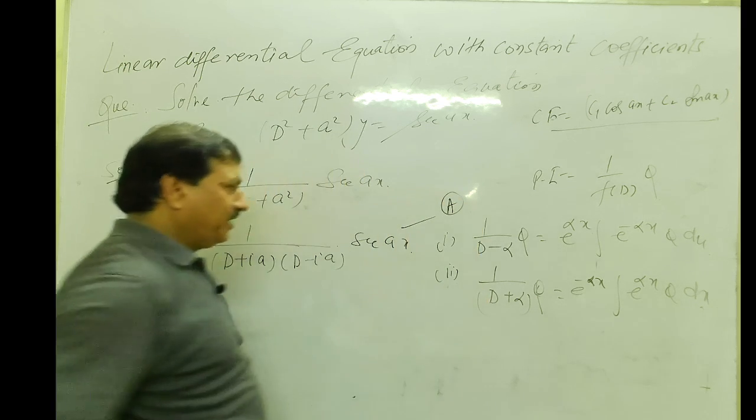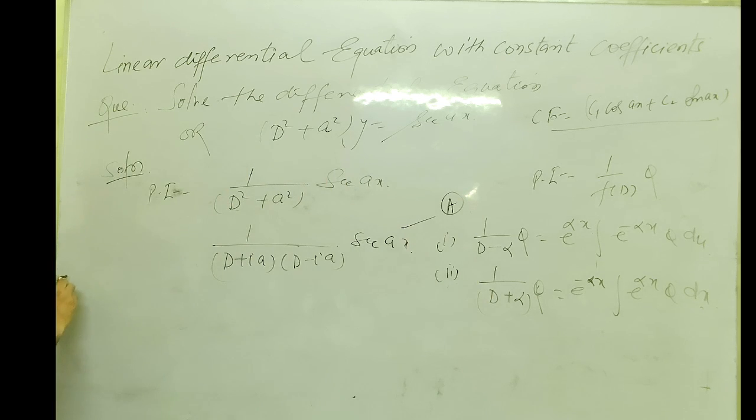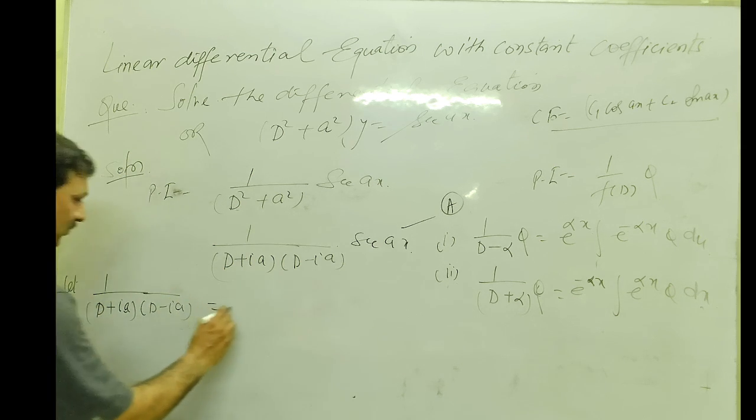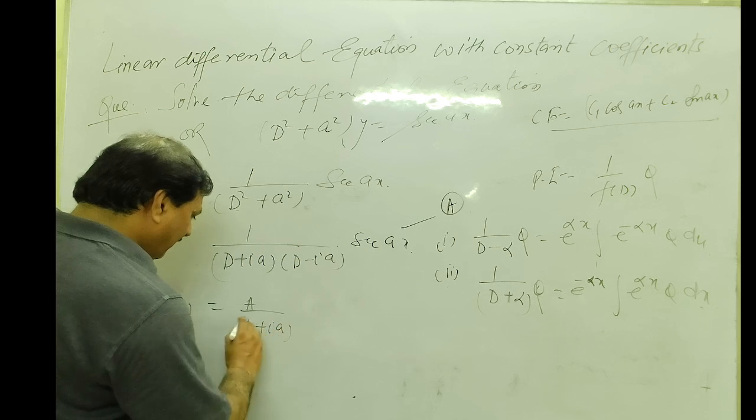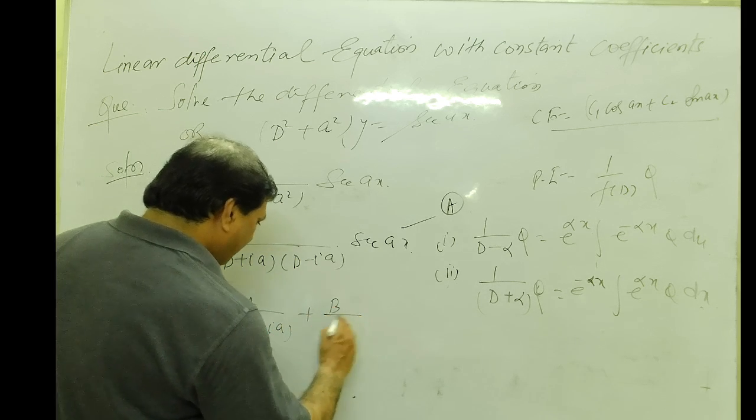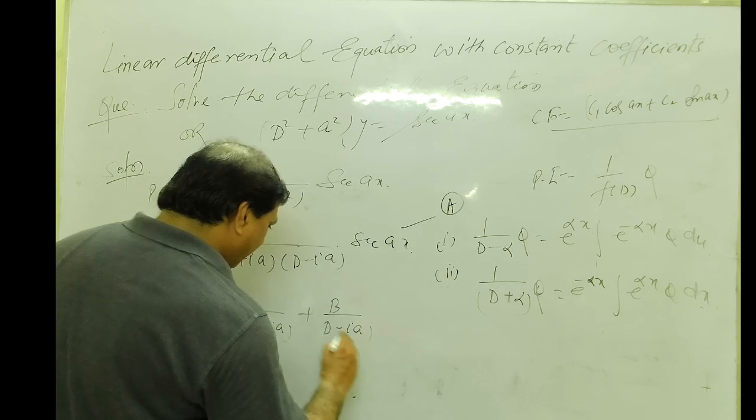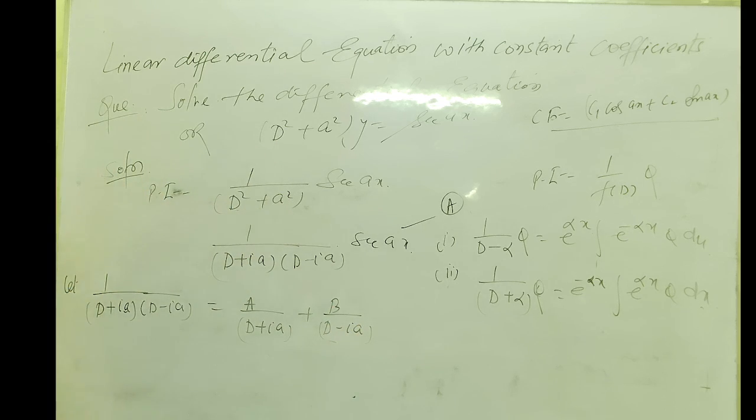Let us use the partial fraction: 1 upon (D plus ia)(D minus ia) equals A upon (D plus ia) plus B upon (D minus ia). Use partial fraction.